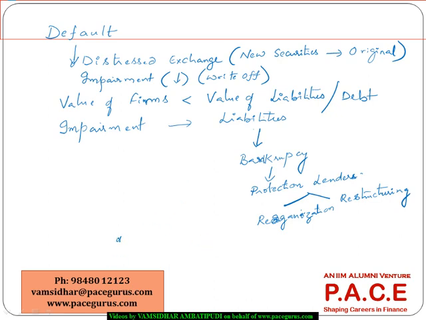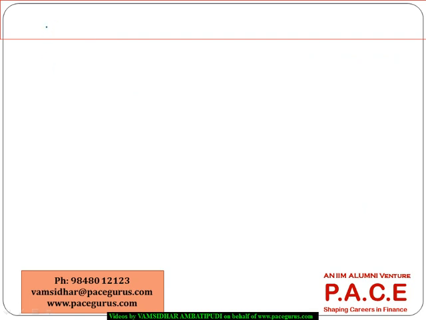Now for us, even this comes under default, and even the whole bankruptcy or value of the firm going much lesser than the value of the liabilities, whatever may be the case, even if it is a distressed exchange or an impairment, that is what is coming into the scope of default.